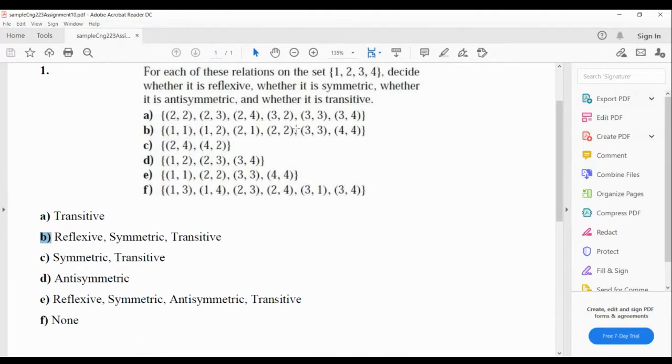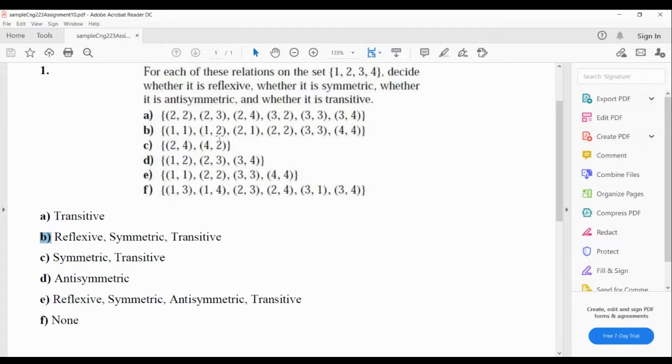But the order of elements doesn't matter. Like if I write 2, 2 first, before 1, 1, it doesn't matter, right? So 1, 2 is different from 2, 1 as an element. But if you change the position of both elements together, then it's okay.